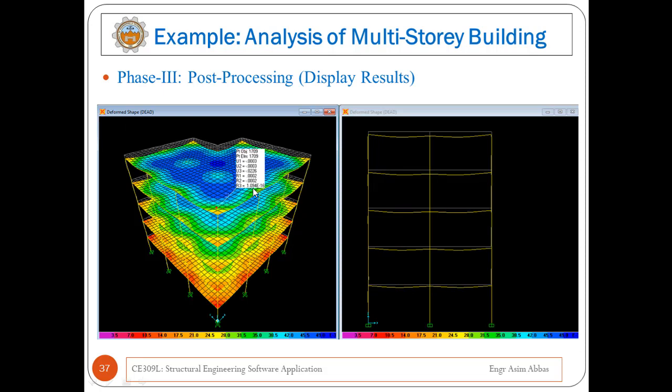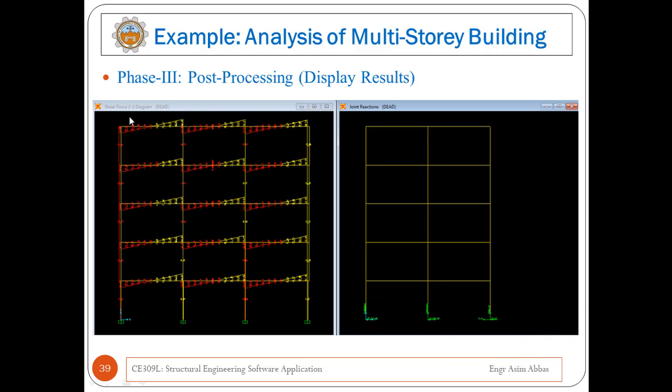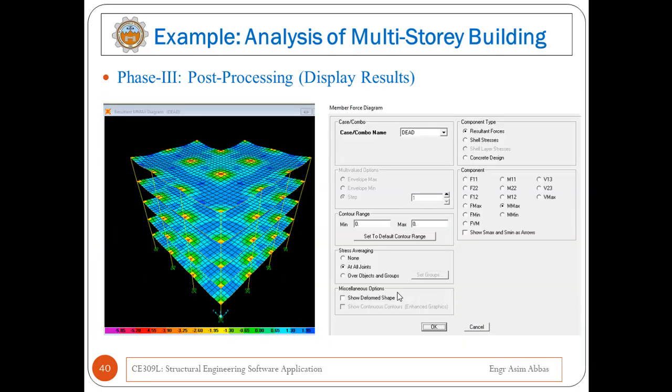Similarly, you can display the resultant forces diagram and the moment 3-3 diagram. This is the shear force 2-2 diagram, and this is the joint reaction, which gives you the joint reactions at the supports. Similarly, you can display other results like F11, F22, M11, M maximum and minimum values, and shear force maximum value.